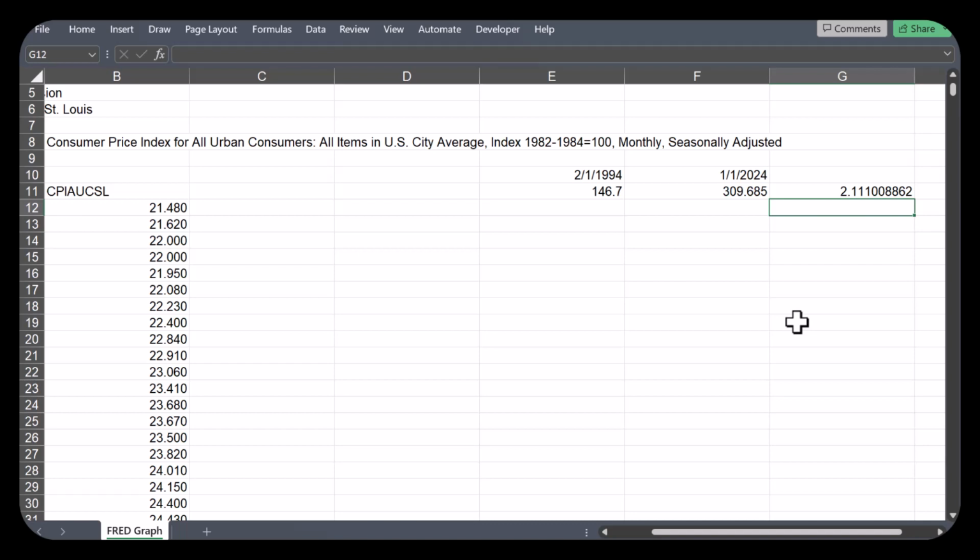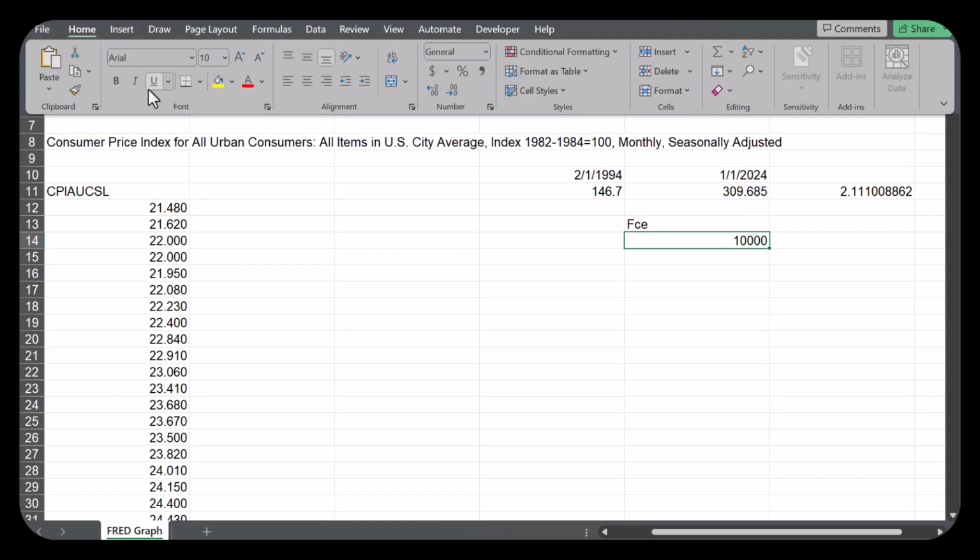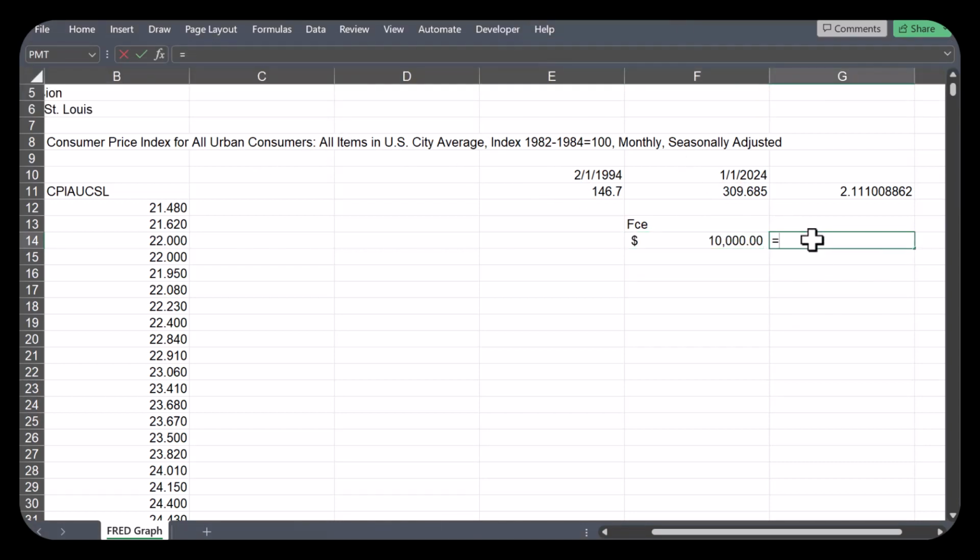Think of it that way in terms of purchasing power. So if your face value is $10,000, this bond is going to mature very soon, and it's going to actually pay you as part of face value 21,119, whatever, because they index your principal or face value to inflation.